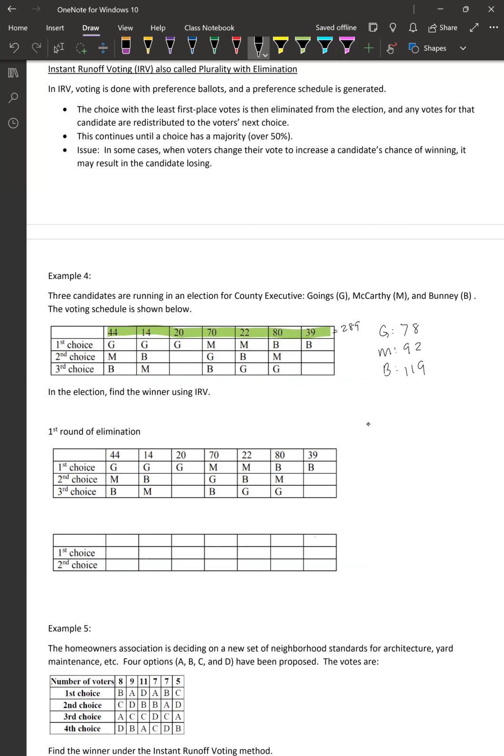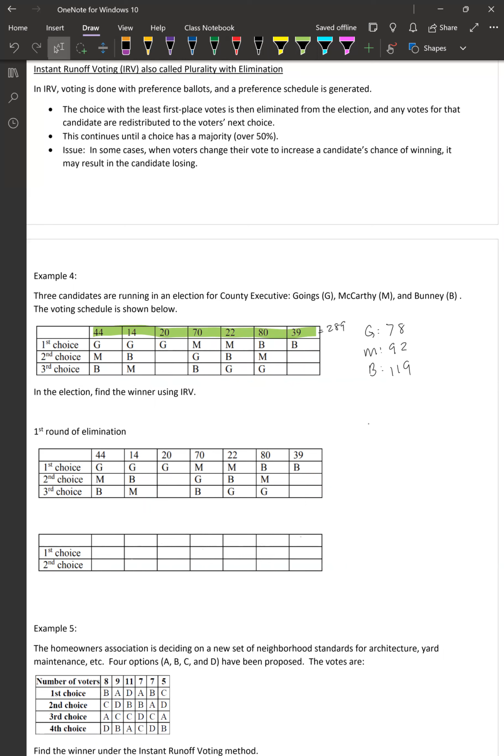Okay, so that's 289 total. If we wanted to determine which percentage, now I'm going to do this just for fun, but we don't actually have to know this information. But we can see each percentage. For Goings, 78 divided by the 289. If you take 78 and divide it by 289, let's see what we get.